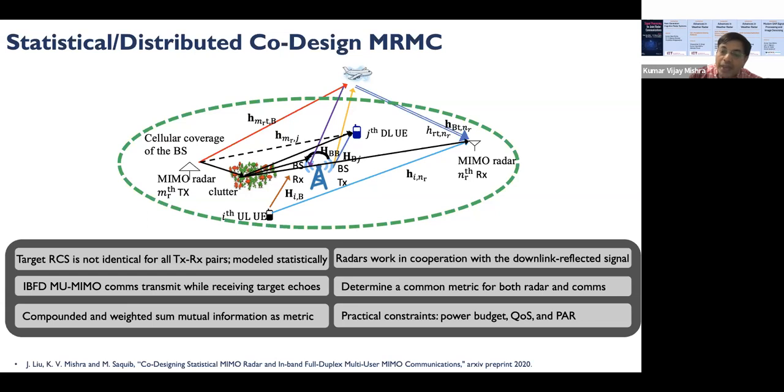To design all of them, the common metric that we use is based on mutual information, which I had referred to in the first part. But we changed that mutual information a little bit. We proposed a new metric, which we call compounded and weighted sum mutual information, which combines the mutual information from radar as well as comms. And then we put some constraints on this.